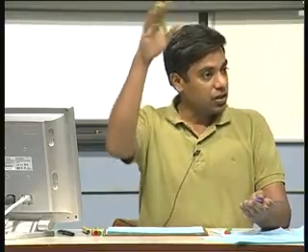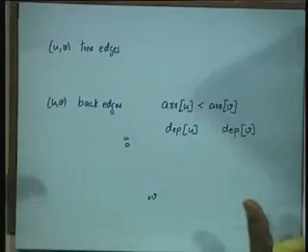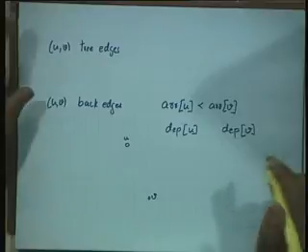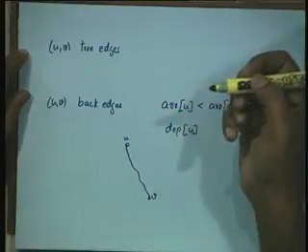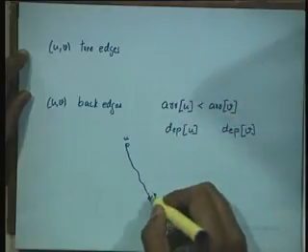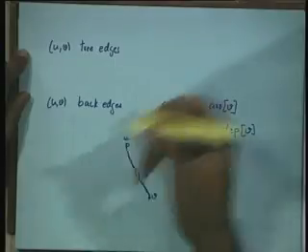Clearly, you will reach an ancestor before you reach the descendant, because you are coming down from the top of the tree. So, u is an ancestor of v. In fact, I have shown that in the picture. If u is an ancestor of v in this tree, then first I would have finished v and only then would have backtracked all the way and come back to u and finished u.